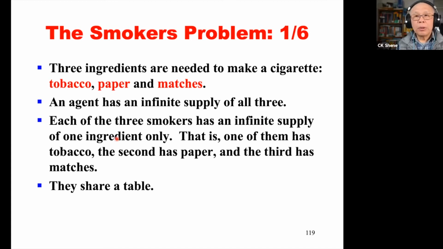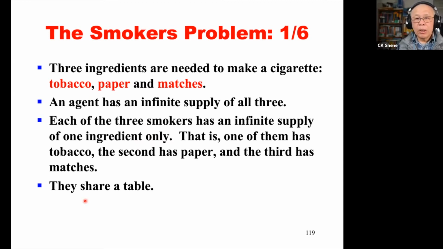In other words, smoker 1 has tobacco, smoker 2 has paper, smoker 3 has matches. Each smoker would need the other 2 ingredients to make a cigarette and smoke.